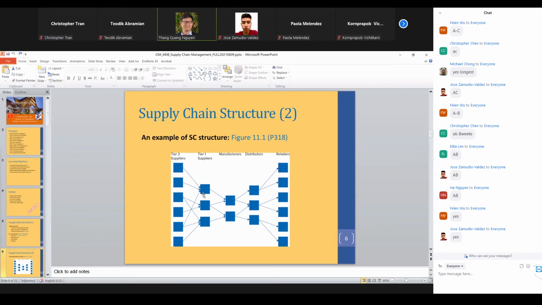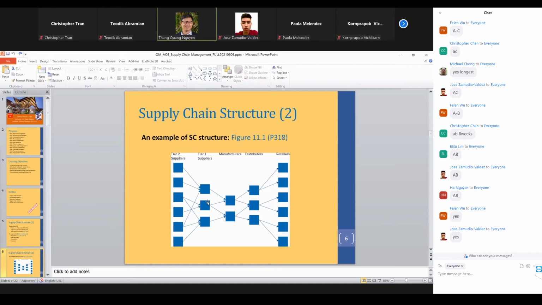They will supply their products to the tier 1 suppliers. And then the tier 1 suppliers will ship the parts, components, and assemblies to the manufacturers, like the car manufacturers. And then after the manufacturers, we have the distributors. And then after the distributors, we have the retailers.